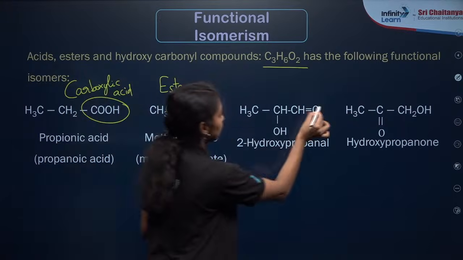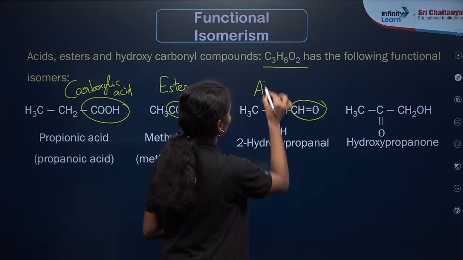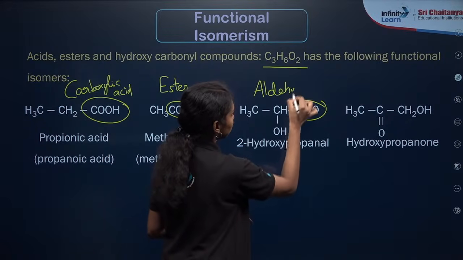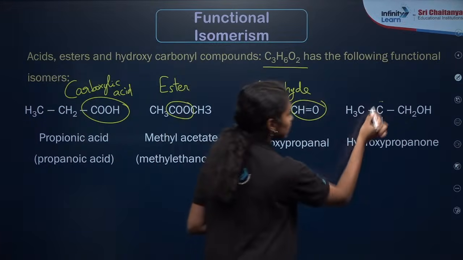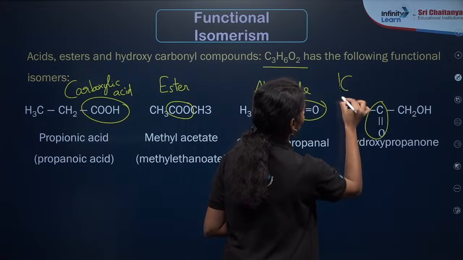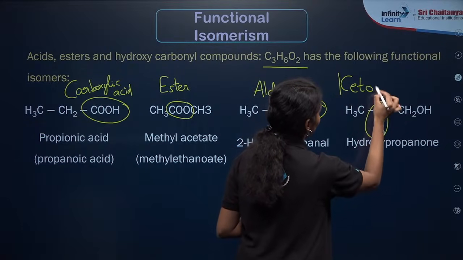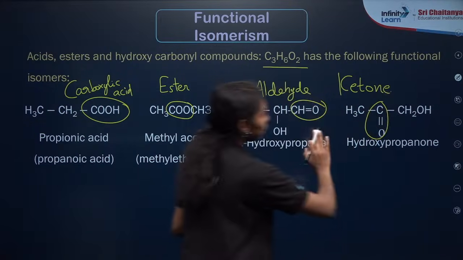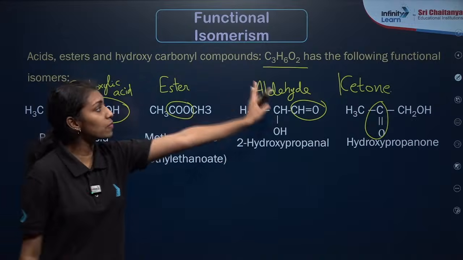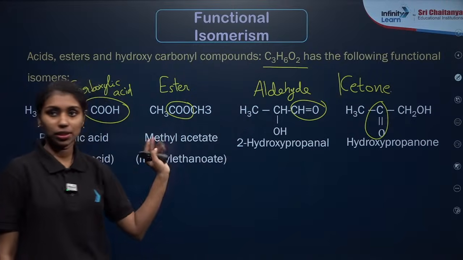And this is again CHO, which is aldehyde. And here it is C double bond O, that is ketone. So there is a difference in the functional groups, but they have the same molecular formula of C3H6O2.